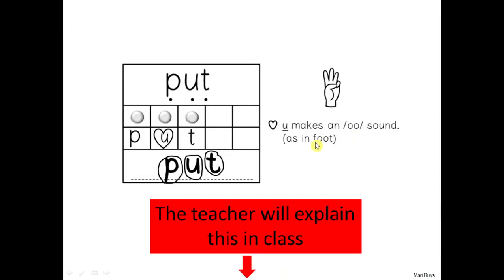Okay, so the teacher has this in her manual, and it will tell her exactly what is the difference. So the child gets the information in class that the U in this word does not say ah, it says ooh, and therefore the heart.